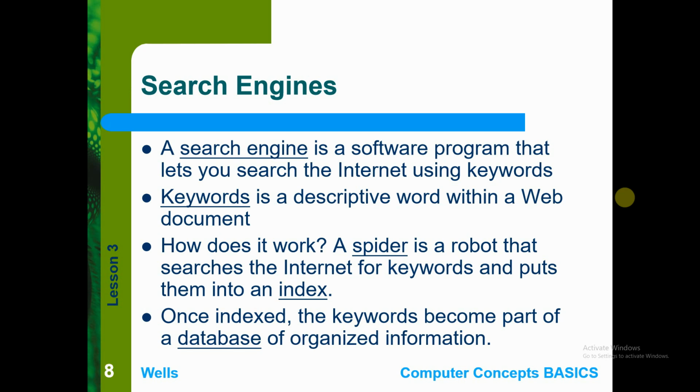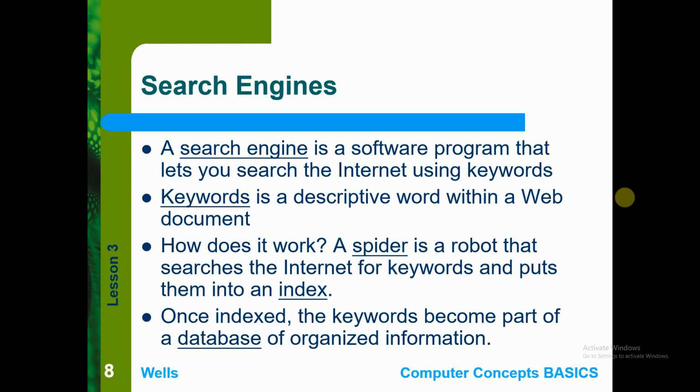So how does a search engine work? By searching your keywords, they use a spider. Spider is a common slang term, but it is a robot application that searches the internet for keywords and puts them in an index. If you notice, for example, when you search keywords in Google, automatically it will suggest a list.